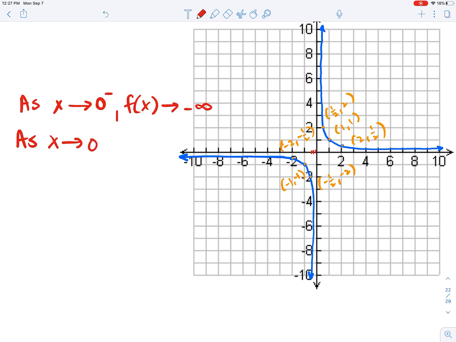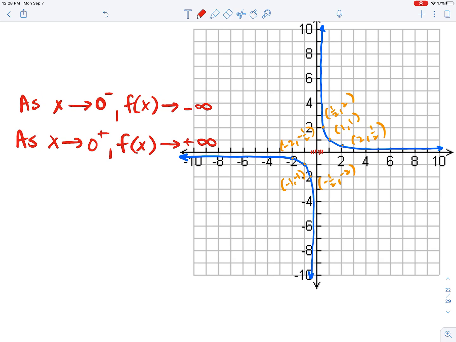As x approaches 0 from the right, and the notation is a plus sign where the exponent would be, the function approaches positive infinity. If we plug in 1/8, our output would be 8. If we plug in 1/1000, then 1,000 would be our y-coordinate. 1/1,000,000, then our y-coordinate would be 1,000,000. The y-coordinates just get larger and larger.